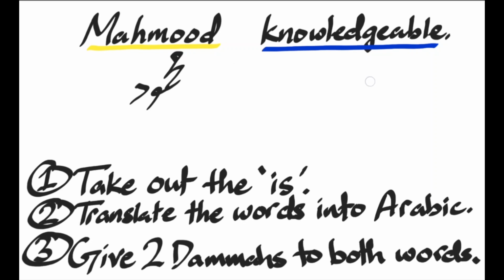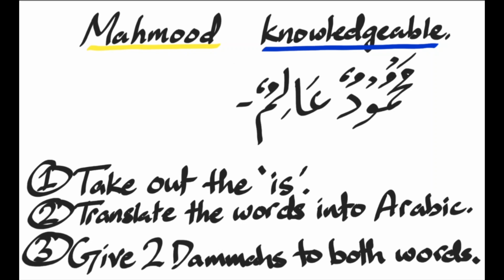Knowledgeable in Arabic is alim. The third thing you're going to do is give 2 dhammas to both words. Obviously, when you write it, you're going to write in the usual Arabic right to left order. Mahmudun alimun. Mahmud is knowledgeable.